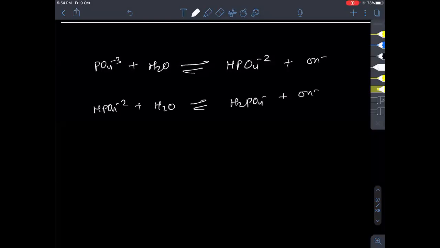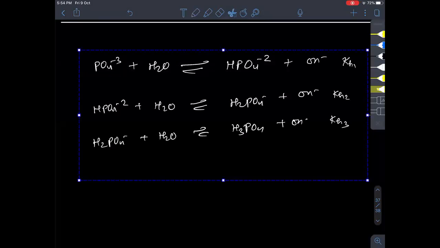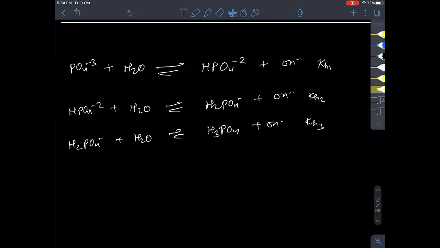And then you accept another H plus ion. This is KH1, this is KH2, this is KH3. Means what I'm writing, hydrolysis constants 1, 2 and 3.